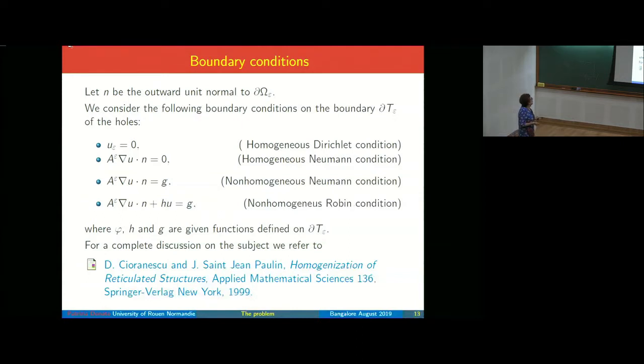Actually, I will talk about the first two, then the fourth one, this one being a particular case of that one. But even if it is a particular case, it is better to do it alone in the beginning, because otherwise it is too complicated to study Robin condition directly. I refer to the book of Cioranescu and Saint Jean Paulin, where all these things are well studied.